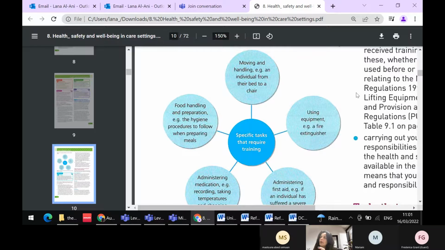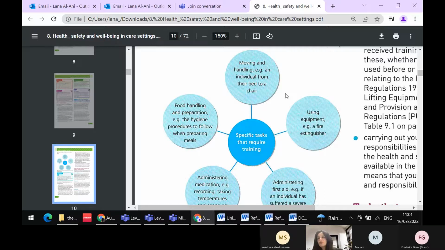So manual handling is all about moving and handling. So these are all specific tasks which require training. You just said there are specific tasks, and everyone needs to have training before they do them. Otherwise, they may harm themselves, harm others, or make the environment unsafe for others.